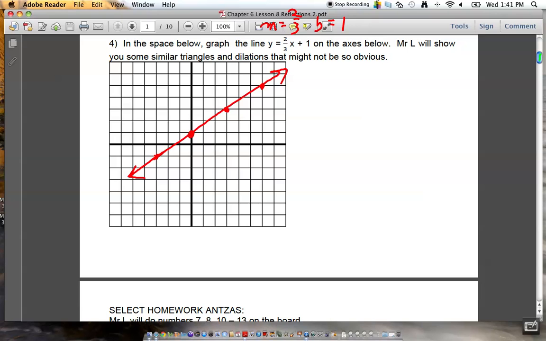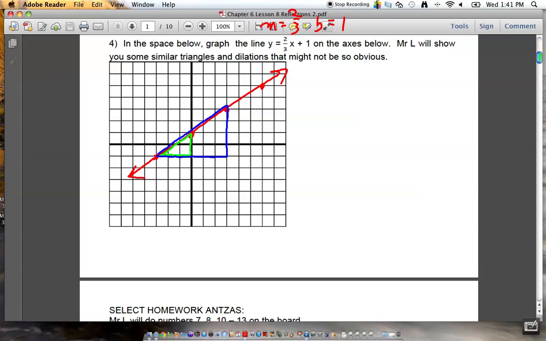Now, let's show you some similar triangles and dilations that might not be so obvious. Well, check it out. Ready? There's a right triangle. But now, using the same slope, look at this one. Now, don't dilations make things bigger by multiplying? You with me on that?